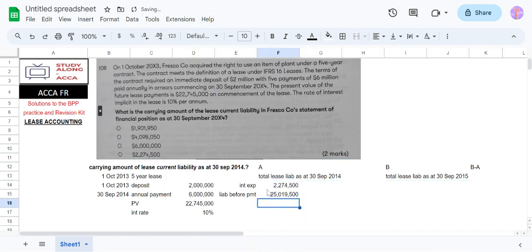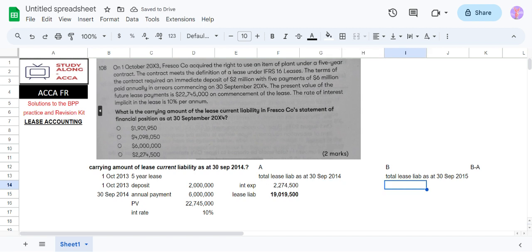All right. So before payment, it will be 25,019. Then we can say directly here that the lease liability will be the present value plus interest, and then minus the payments that we will make. So this 6 million. So the lease liability at this date will be 19 million.